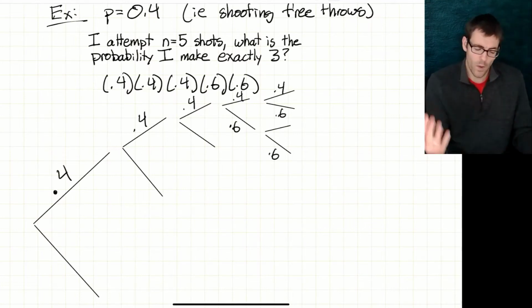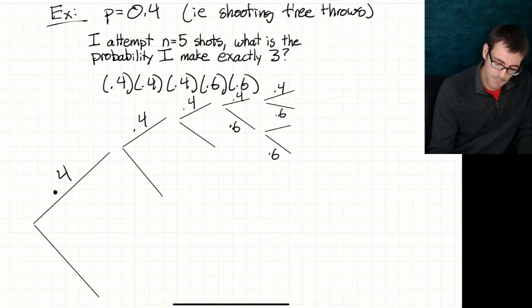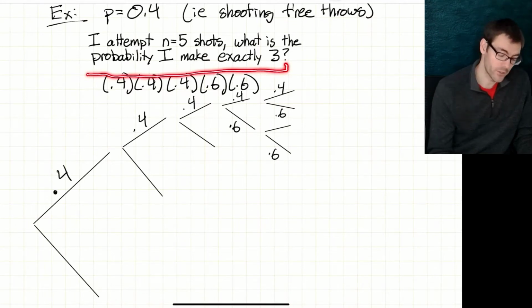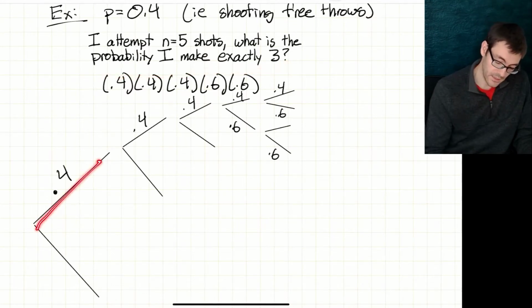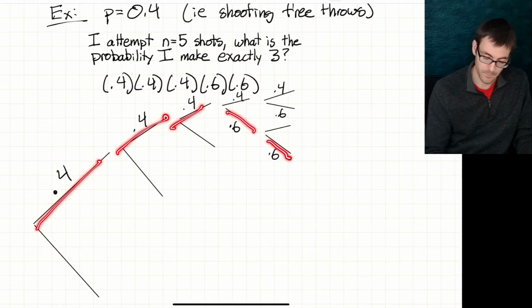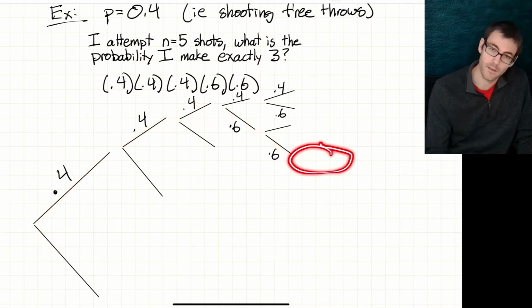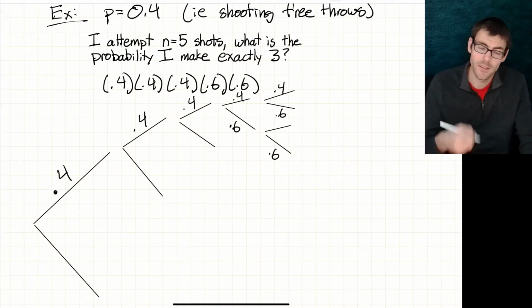So one of the ways in which I make exactly 3 of the 5 shots is to succeed, succeed, succeed, fail, fail. So this node here corresponds to one of those scenarios. I could have also done this in a different order.